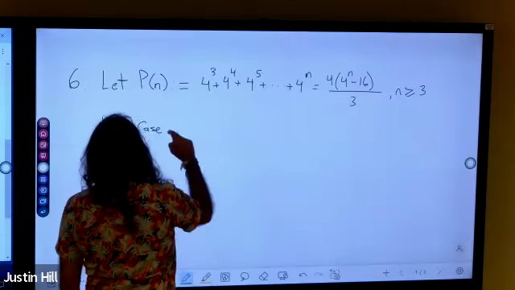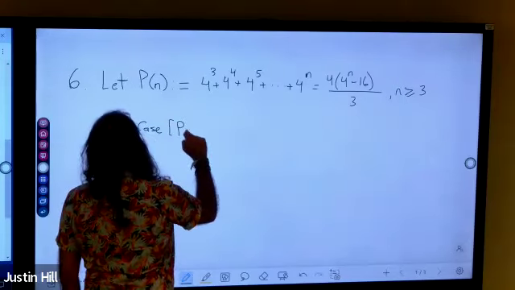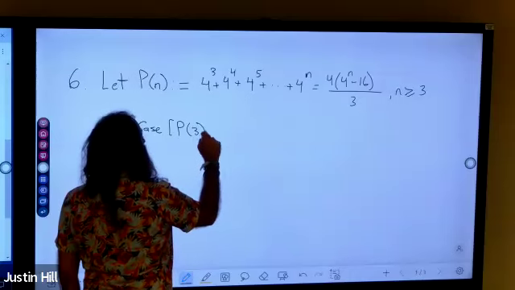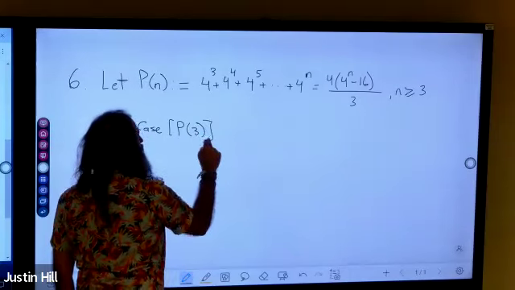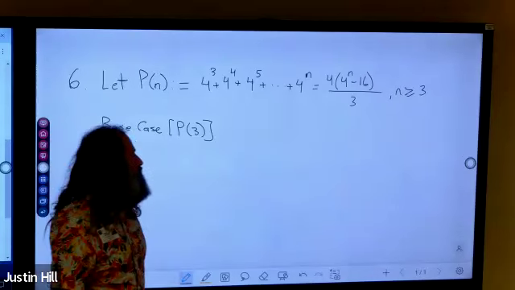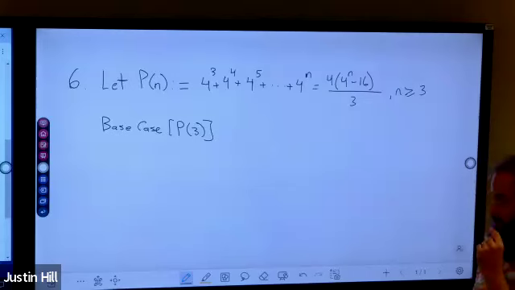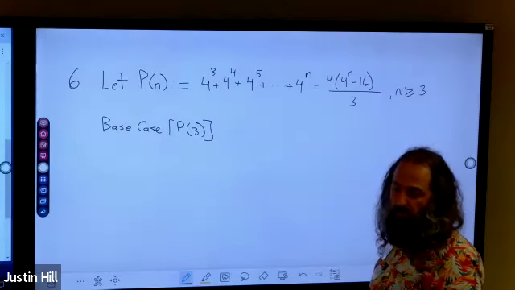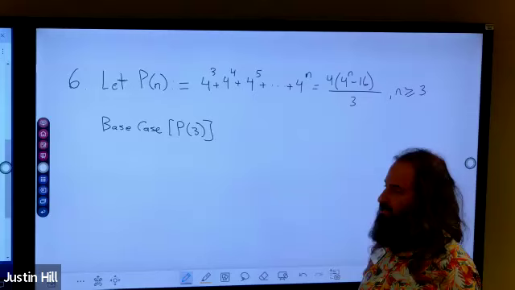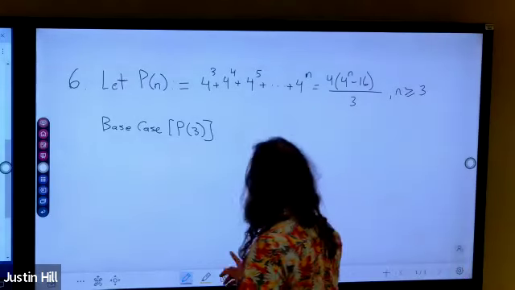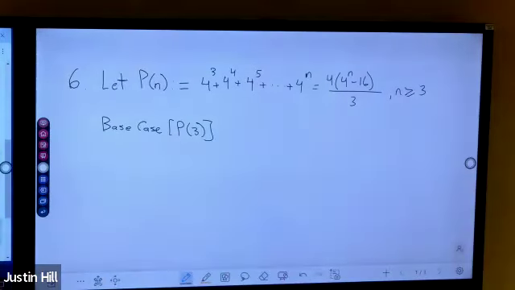So the first thing I have to do is try to prove, or just show, that the P of 3 statement is true. Again, let's see if you can do that. Go ahead and pause on your side, I'll pause on my side. We'll take a second. See if you can show the P of 3 statement.